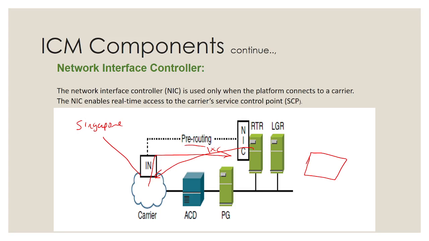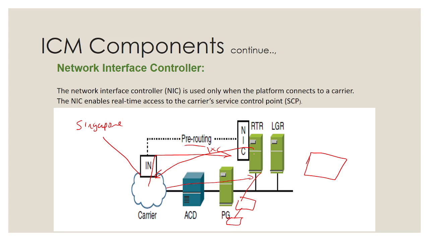This was the pre-route. So what happens in the post-route? When a call comes from the carrier, the call is completely delivered to the ICM, and then the ICM decides where to route the call, maybe to CUCM, and then the call routes to the agent. But here that is not the case.